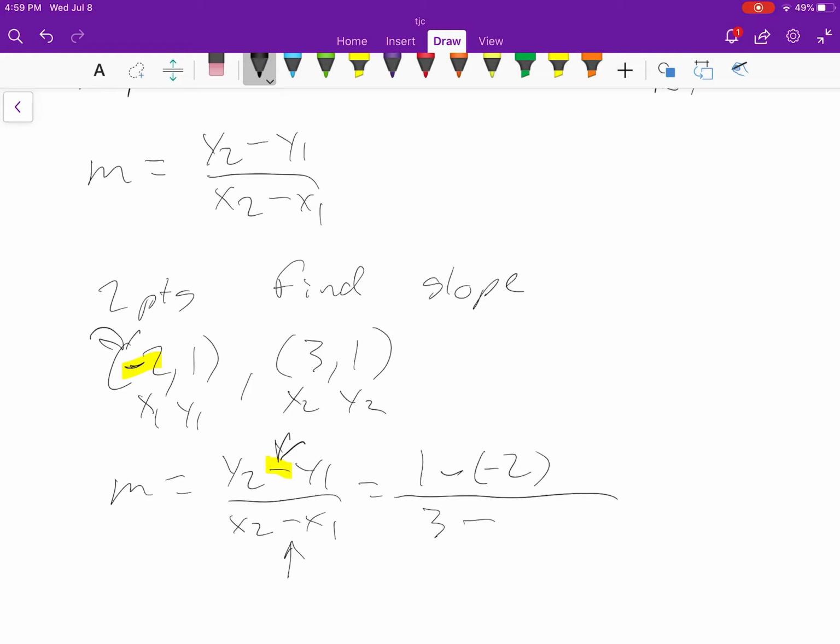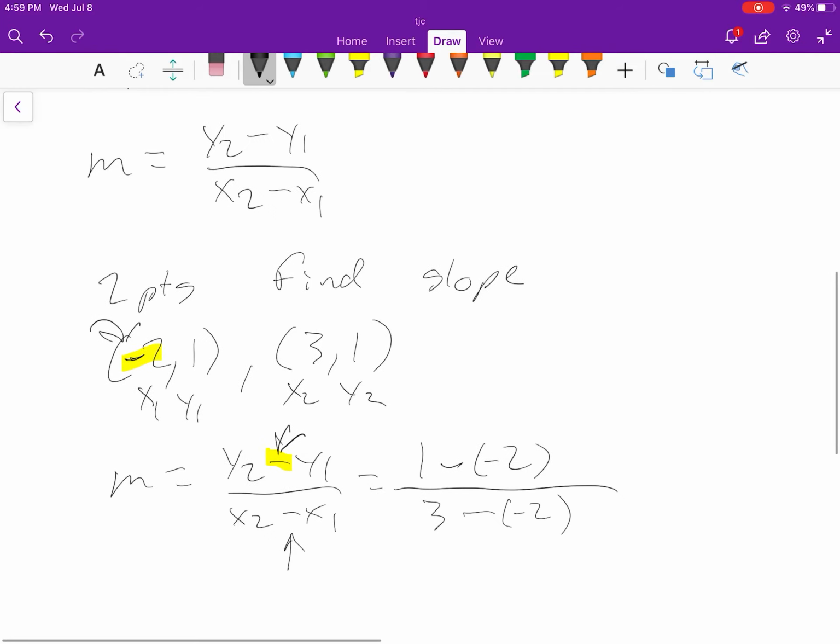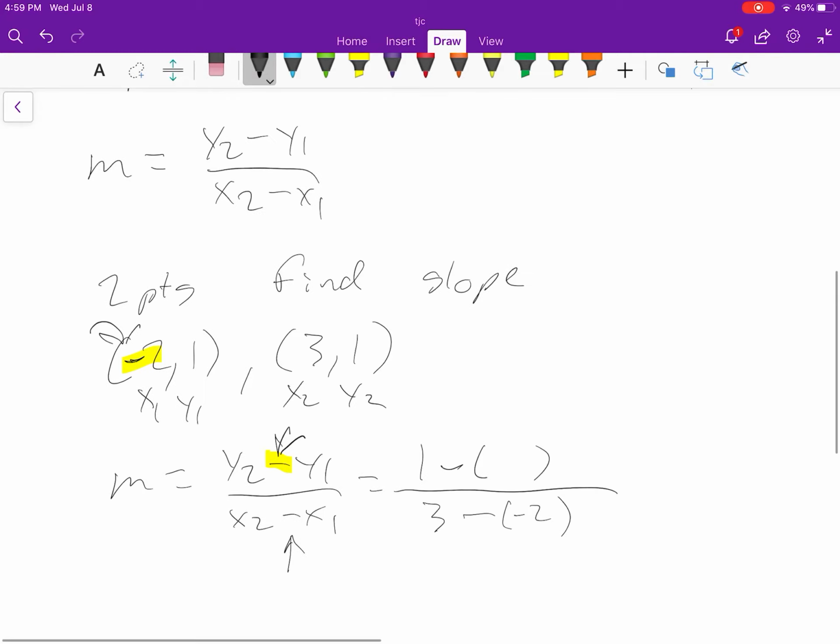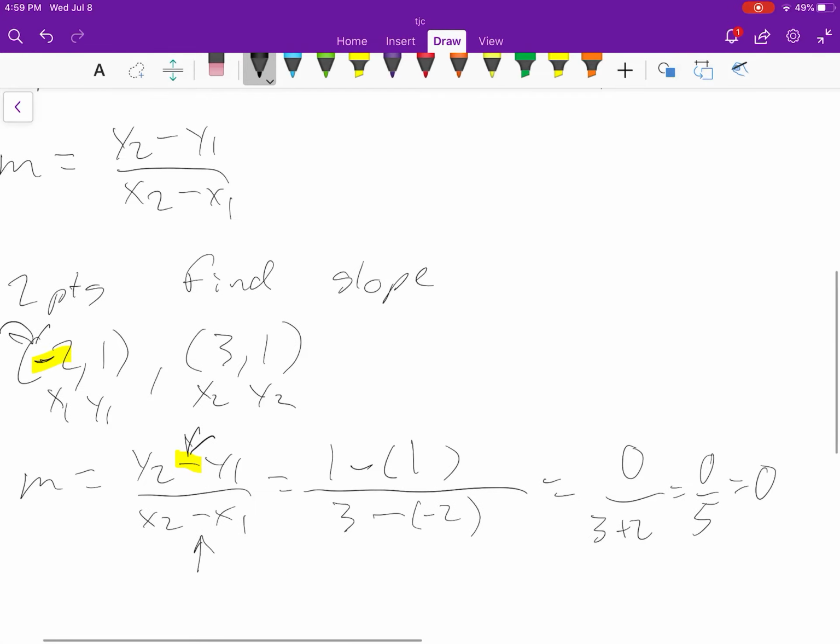My bad, I switched these. This should be minus a minus 2. This should not be negative 2 here. That should be 1. Okay? And then we would get our slope. Now, the problem that comes here, and this is a common problem, is that 1 minus 1 is 0 over 3 plus 2, which is 5, so 0 over 5, and that returns us a slope of 0.